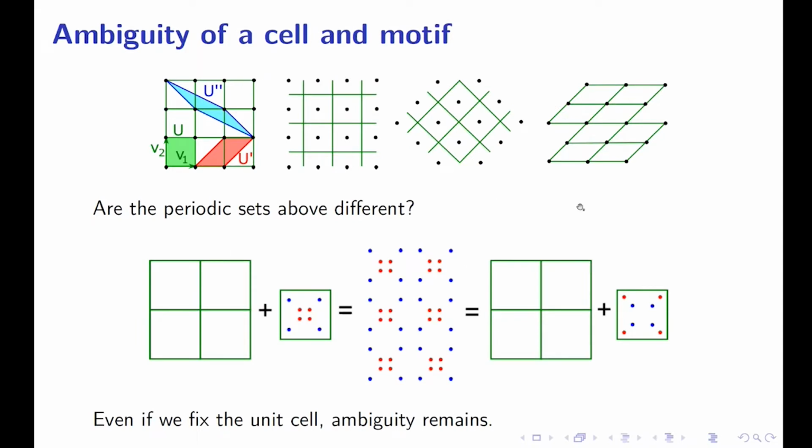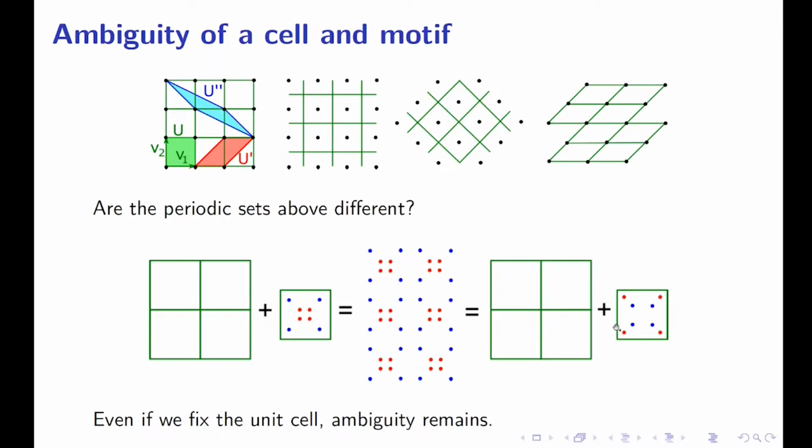And here are some toy examples of ambiguity in a representation with a cell and a motif. These three up top, I think a lot of people have seen them, but sometimes this even confuses people who are familiar with crystals, but they all define the exact same set of points up to isometry. If you remove the lines defining the unit cell, we've just chosen different input representations to generate the same thing.